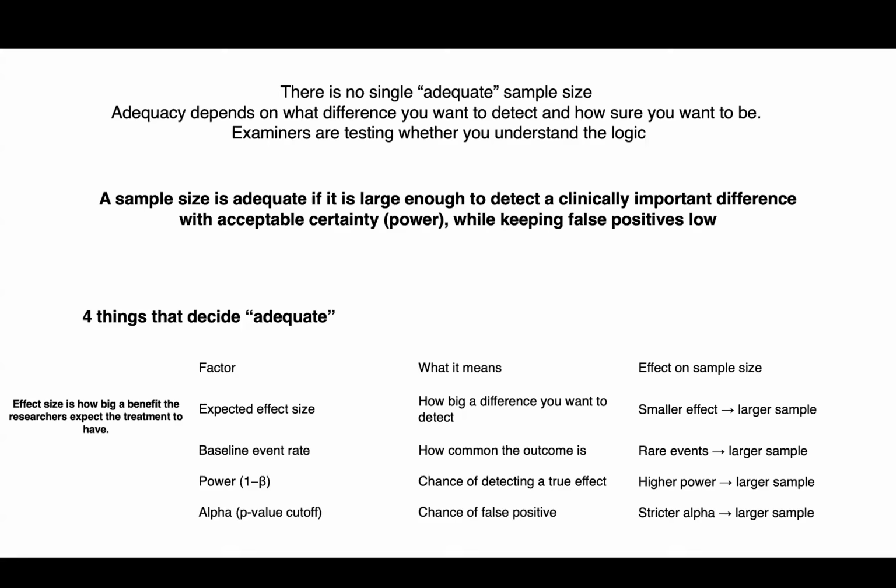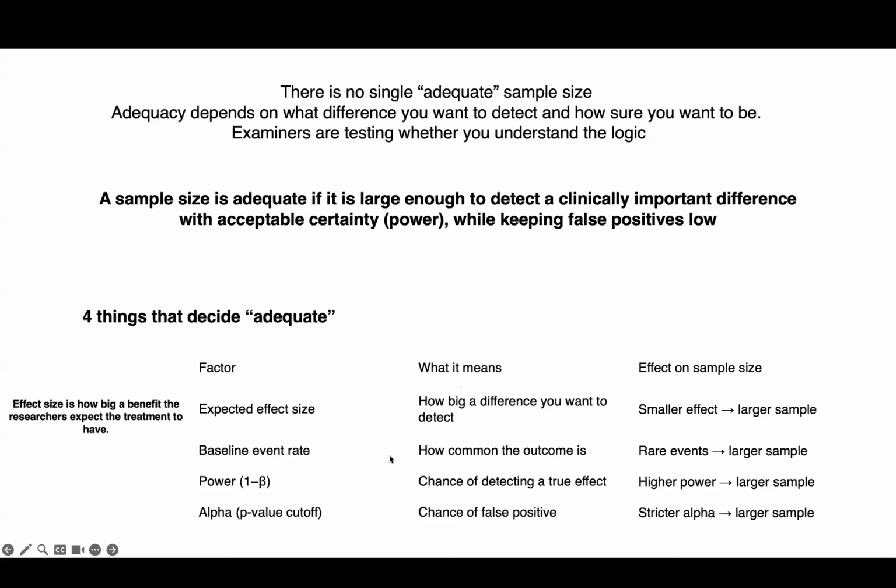It is how big a benefit the researchers are expected to have following the treatment being given to the patient. So this expected effect size means how big a difference you want to detect. If you want to detect a smaller effect, then you need a larger sample size.